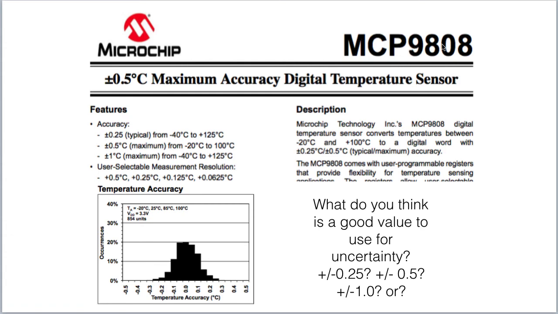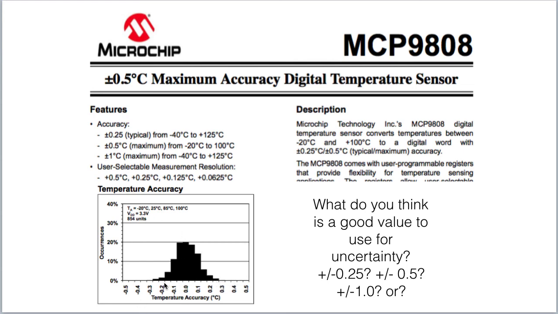For this MCP9808 from Microchip, they've actually given us a distribution of temperature accuracies measured with actual units that they've selected off the shelf. And this is an averaging distribution taken over 854 units taken off the shelf and tested.